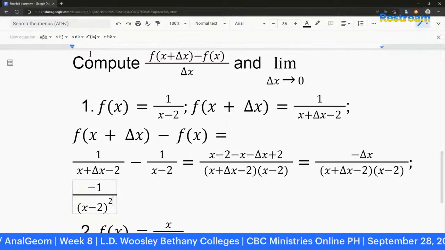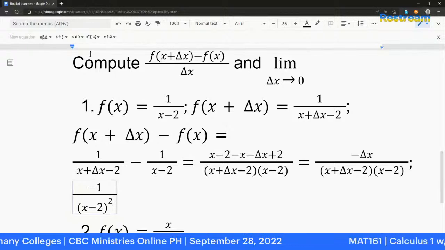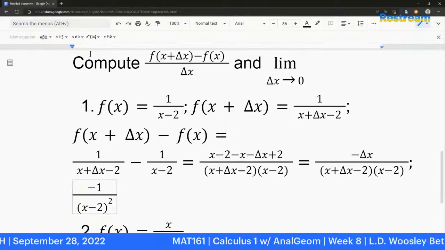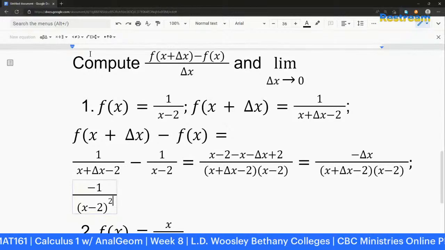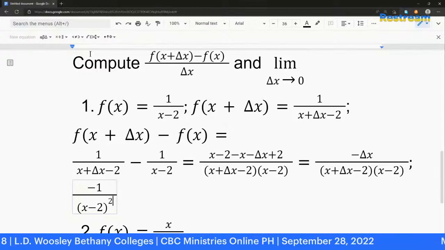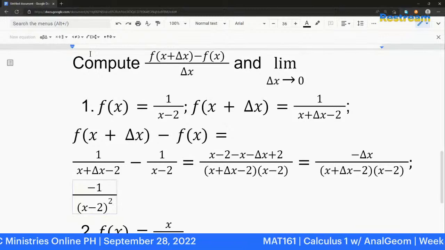X minus 2 yung given. Wala namang minus 1, Banji. Saan mo nakuha yung minus 1? Walang minus 1 dyan, puro minus 2.